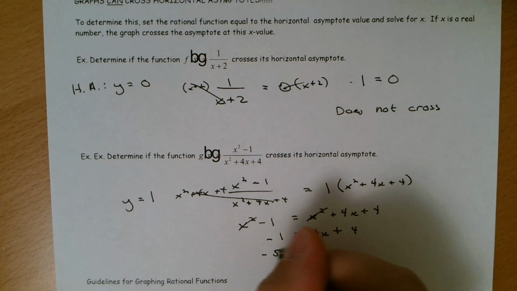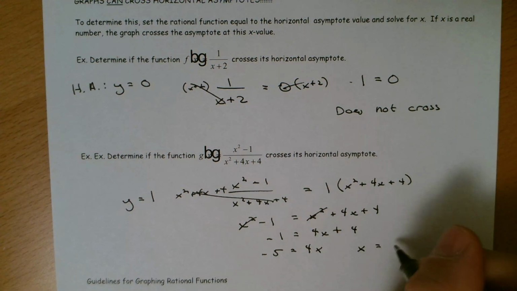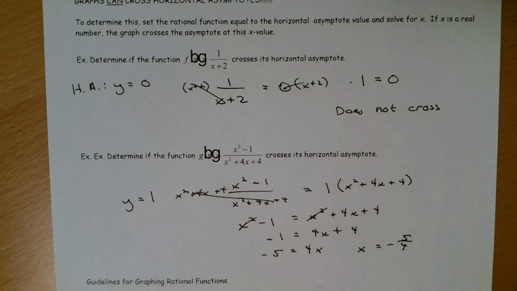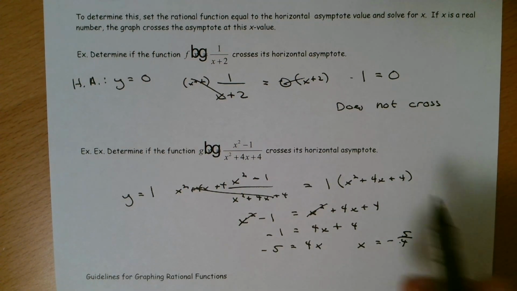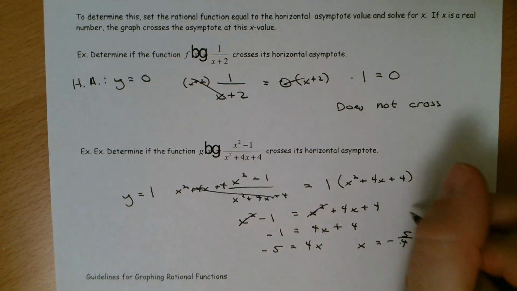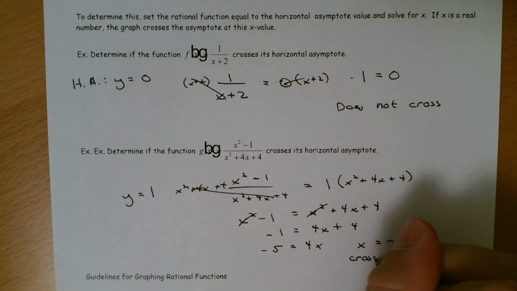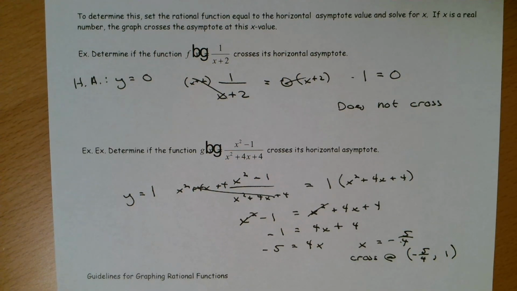So we got negative 5 equals 4x, x equals negative 5/4. So what that means is when x equals negative 5/4, y equals 1. So our graph is going to cross at negative 5/4, 1. Pretty cool. We are crossing the horizontal asymptote in this case.